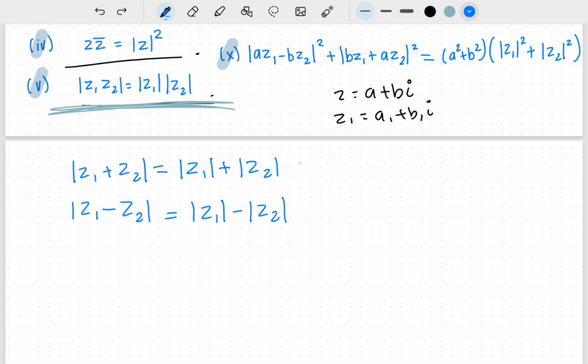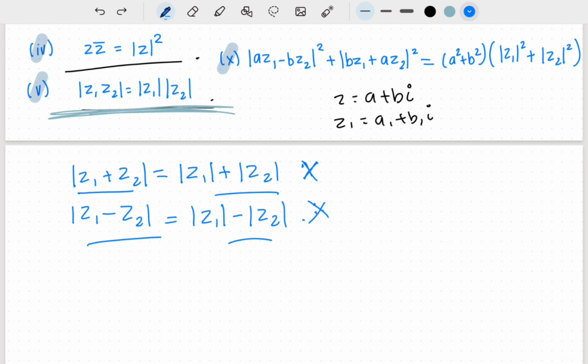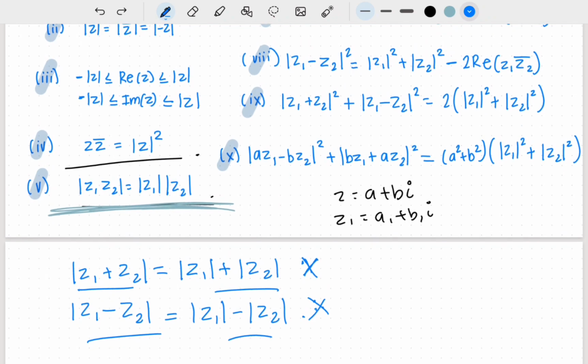That's because if you apply these properties, they are wrong. They are wrong because the left-hand side does not equal the right-hand side in any of these properties. So if you were to apply this, you would get the answer wrong. You will not get the correct answer in any of the complex number problems.